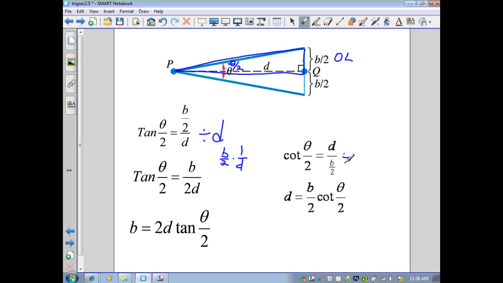I will divide the top and bottom by B over 2, which means I'm going to take D times 2 over B. With this information, that will give me 2D over B. Then I can just multiply both sides by B and divide by 2, and I get my formula for D.